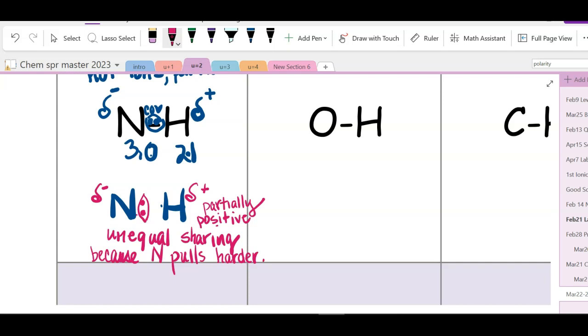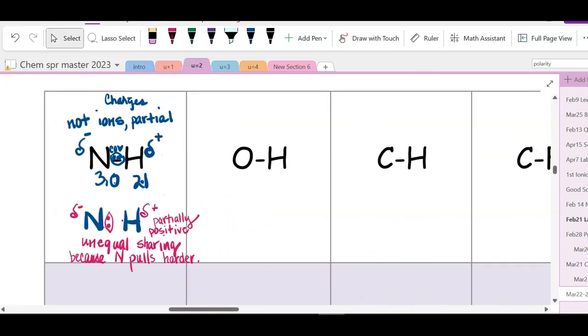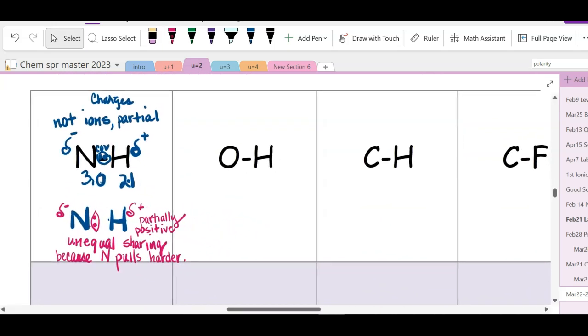So you can see the complexity of the situation and how Pauling, after he built this table, which must have taken him a long time, explains so many things about the bonds in a molecule. So right now we're looking at the individual bonds within a molecule. Later on we'll look at what a molecule looks like when it's made of many covalent bonds.